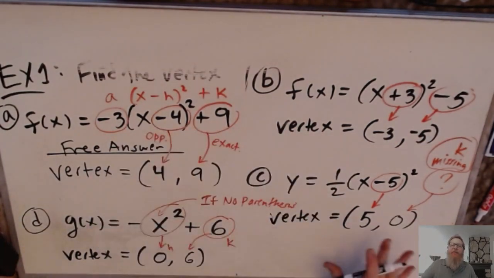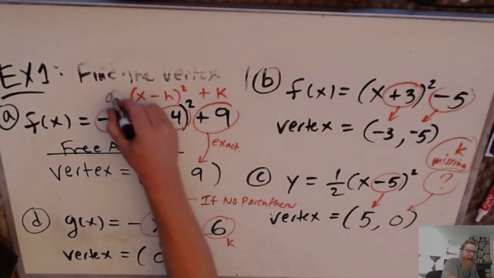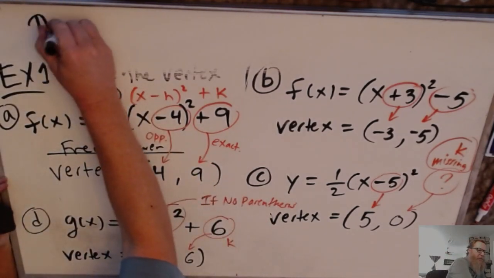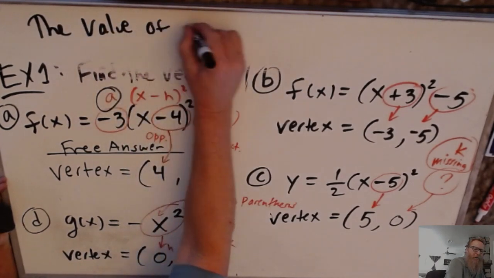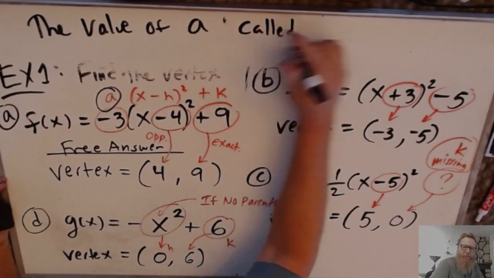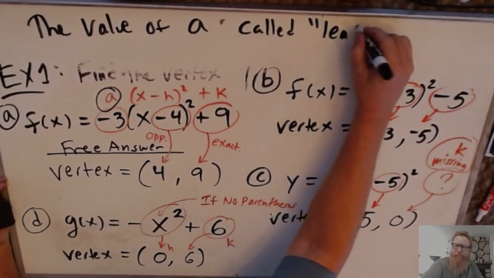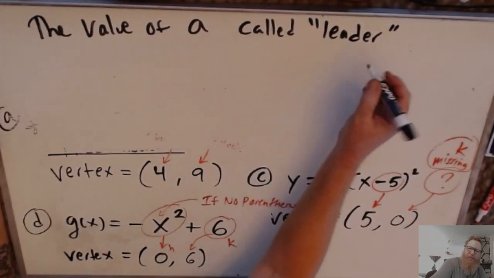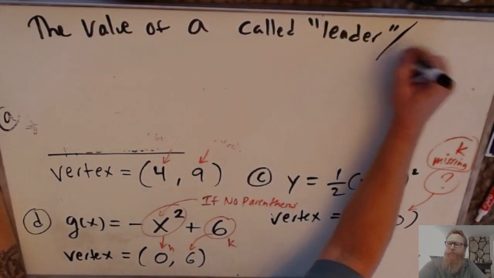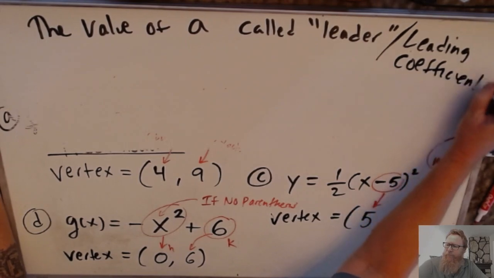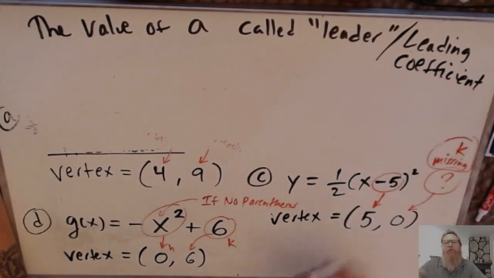So when I'm asking for just the vertex, the a value doesn't really contribute. However, the value of a, it's called the leader, or the leading coefficient. Leading coefficient is a mouthful, so we often just say the leader.